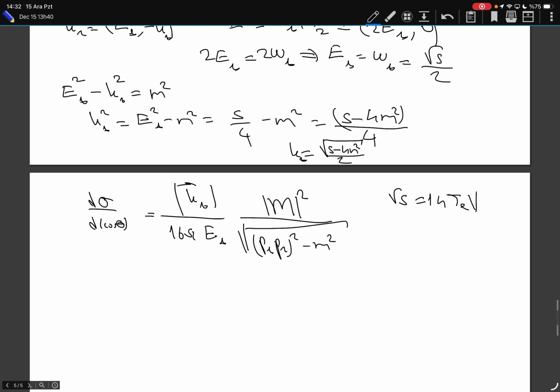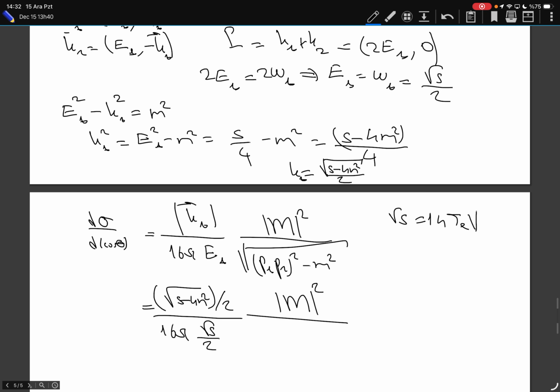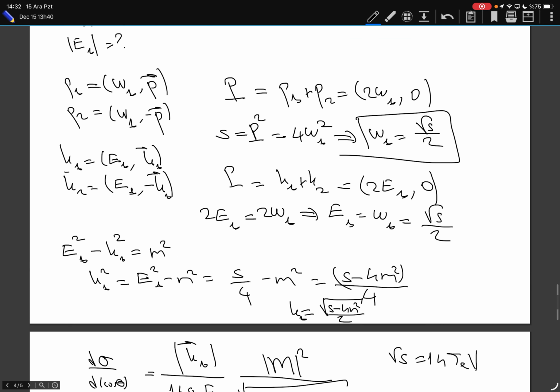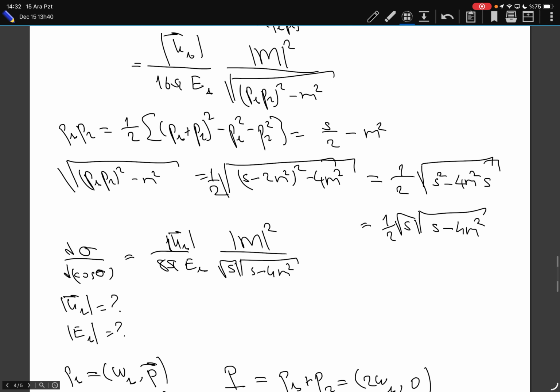So let's continue. K1 is square root of S minus 4M squared over 2 divided by 16 pi. E1 is square root of S over 2. m squared, well, let me keep it as m squared for the time being. Still, now P1 minus P2 squared, that incident flux is this expression.